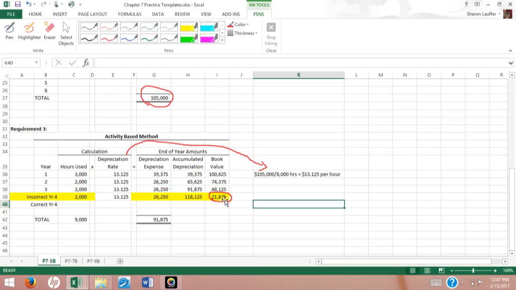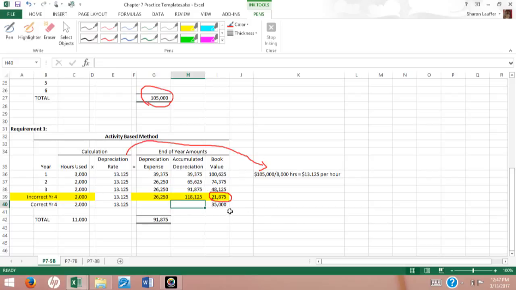So I'm going to do this again the right way. So still in year 4, we expect that we're going to use the machine 2,000 hours, and the activity depreciation rate is still 13.125. So when we get to this bottom line, we're going to actually have to back into this because we want the book value to be the same as the salvage value, which is $35,000.